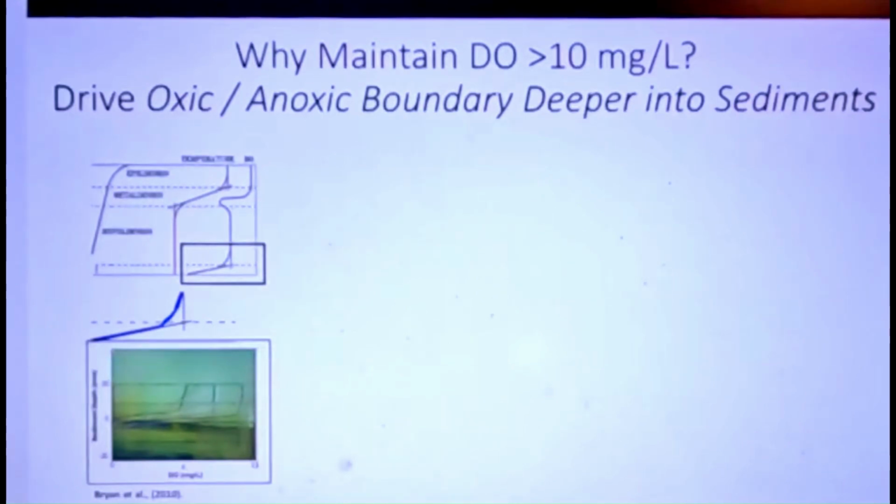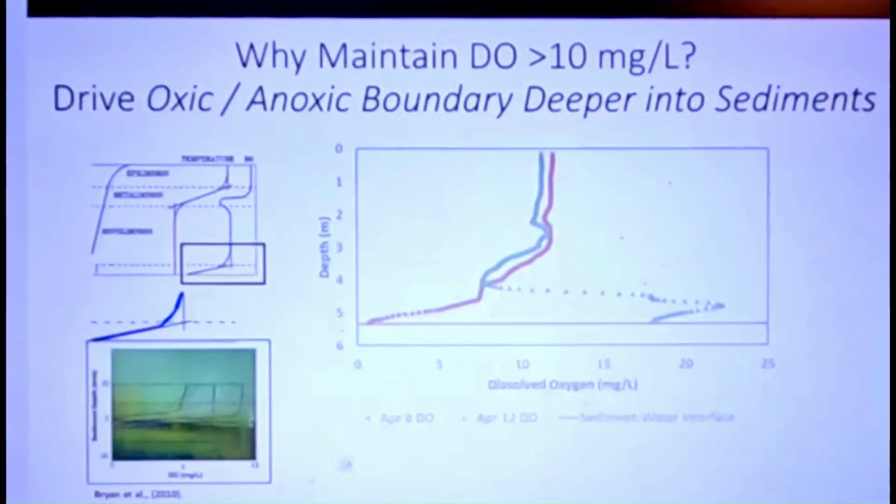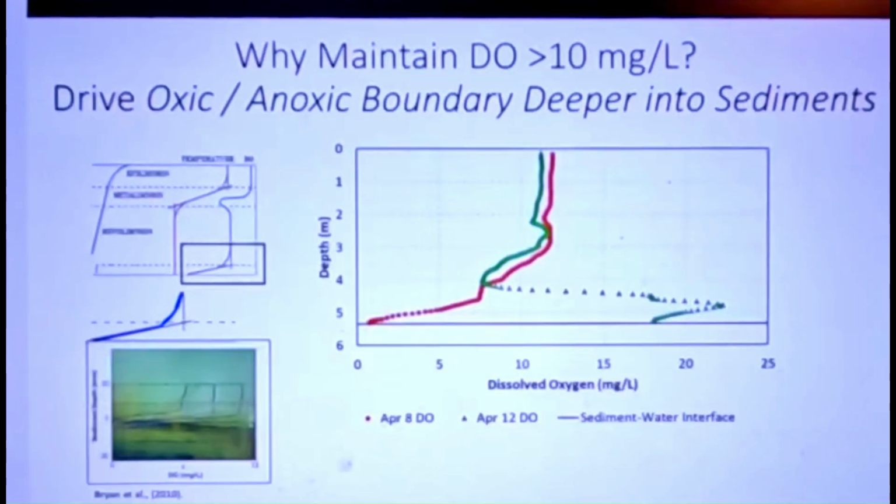Studies have shown that the higher we can get oxygen in the bulk water at the sediment-water interface, the deeper that oxygen will penetrate. So, some data collected back in 2024. We have good DO at the bottom on April 8th. It's positive, which is oftentimes plenty.